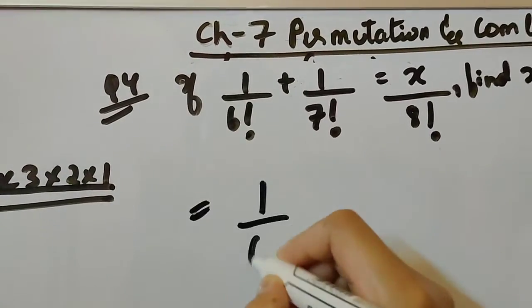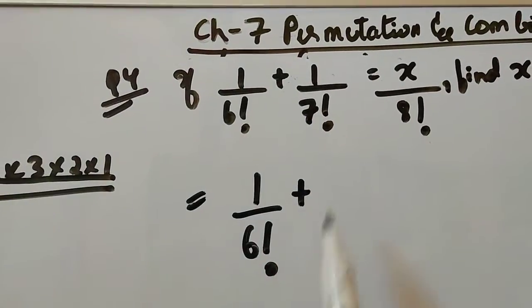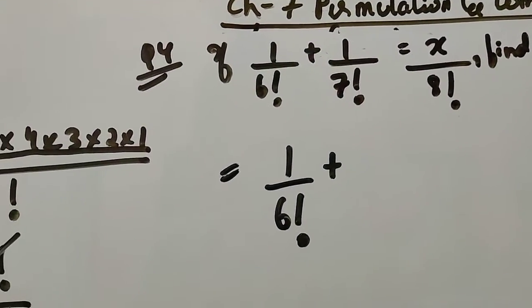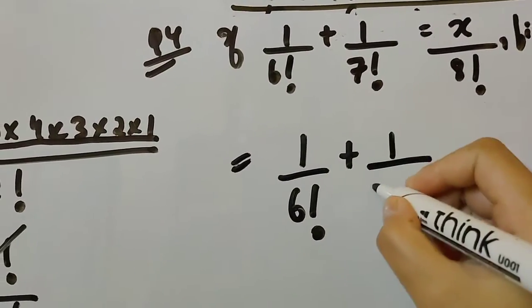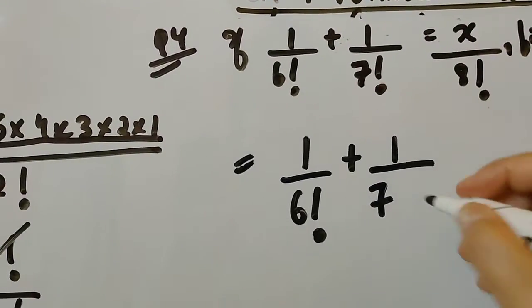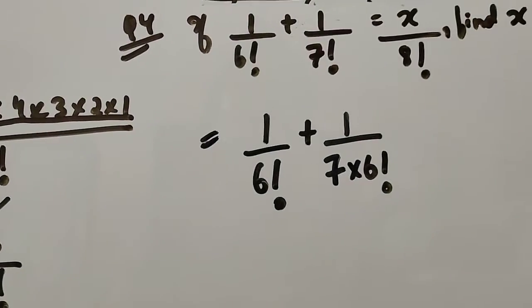So 1 by 6 factorial. See, 7 is greater than 6. From 7 factorial, I can make it to 6 factorial and take this 1 by 6 factorial common. If you open the 7 factorial, you will get 7 into 6 factorial.